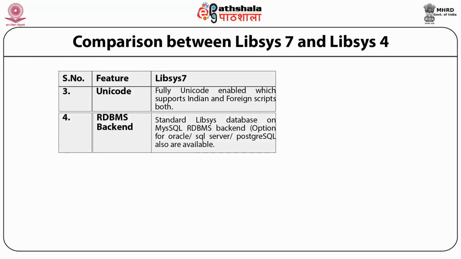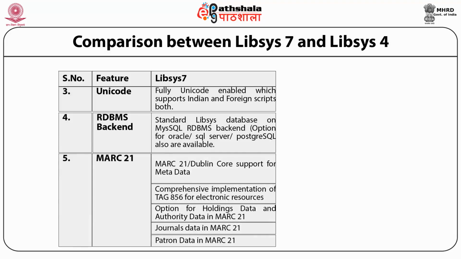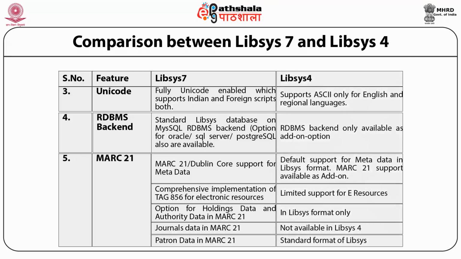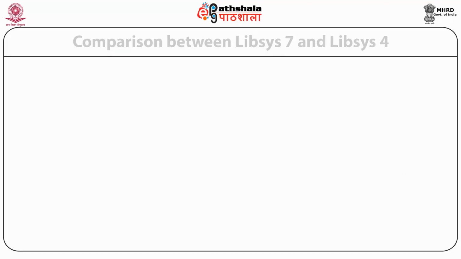It also supports MARC 21 and Dublin Core for metadata. It implements tag 856 for electronic resources. It also has the option for holding holdings data, authority data, journal data, and patron data in MARC 21, which was not available in LIPSIS 4.